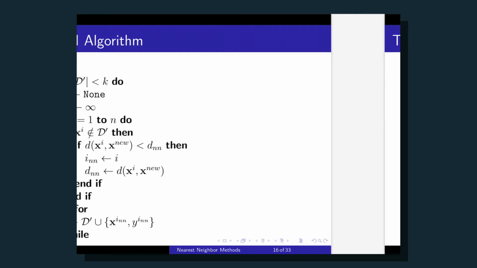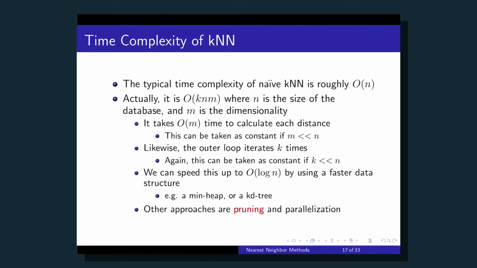So in summary, we can basically say that at least naive k nearest neighbor is O of n, so linear in n, but we're making some assumptions. Like we said in the previous slide, it's actually the k chosen times n times the dimensionality of the data set.